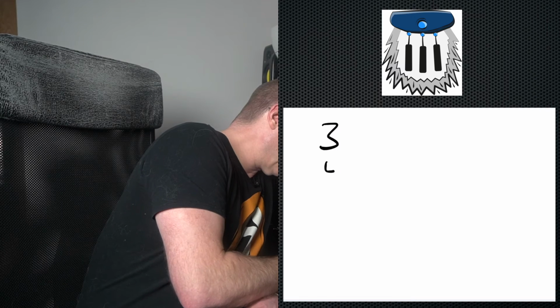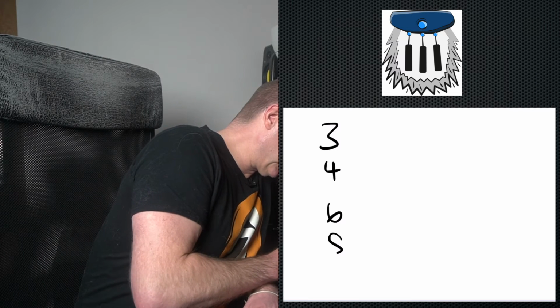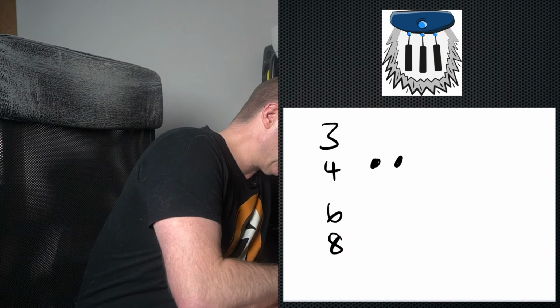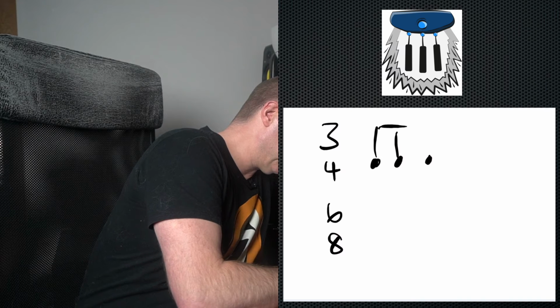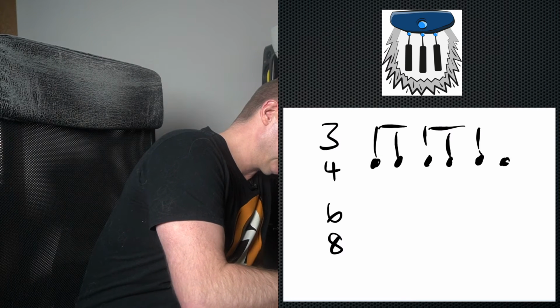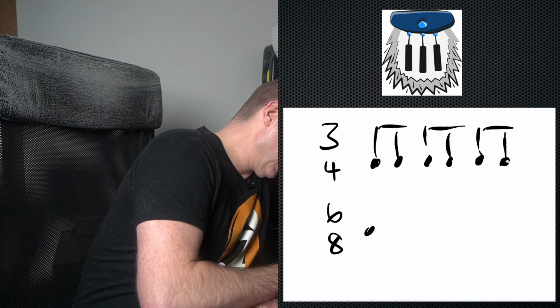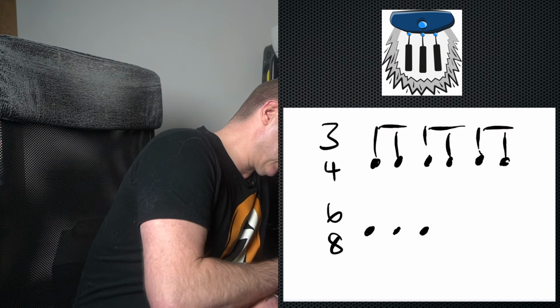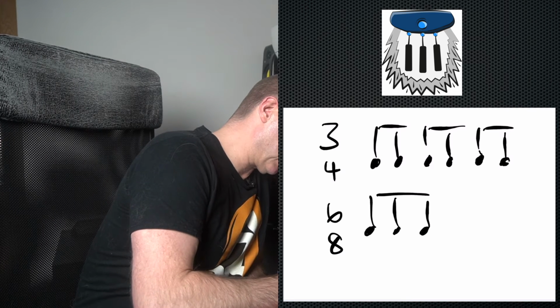Just to save some confusion, because there's a bit of a weird crossover: if we look at how many quavers are in 3/4 and how many are in 6/8, we end up with the same amount of quavers. Here we've got 6 there, and then we have 6 here.